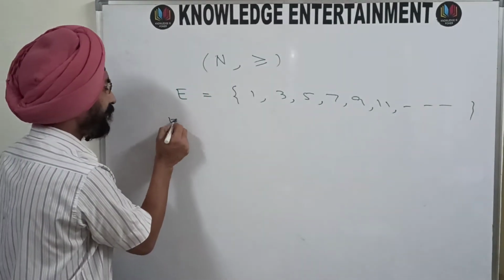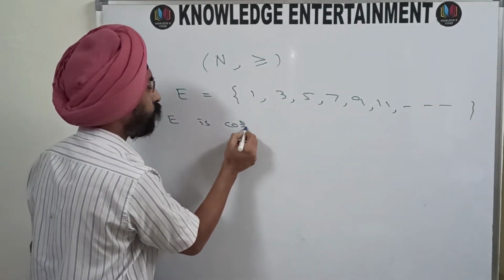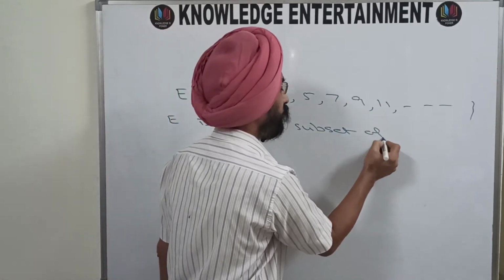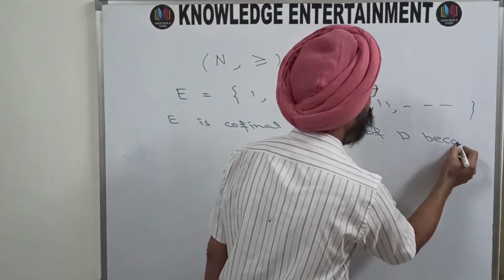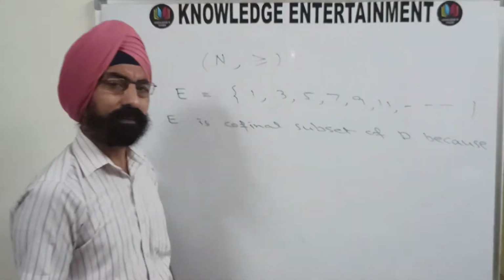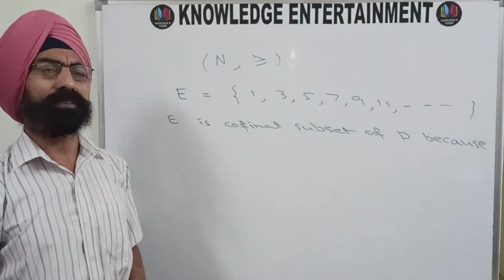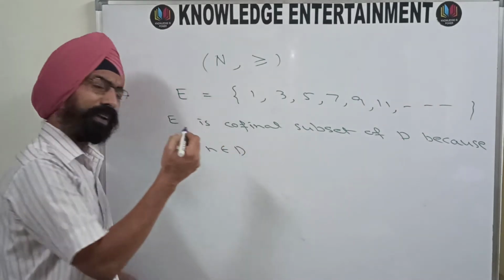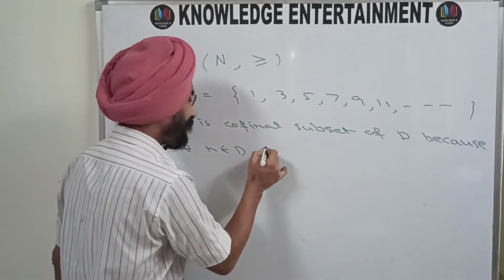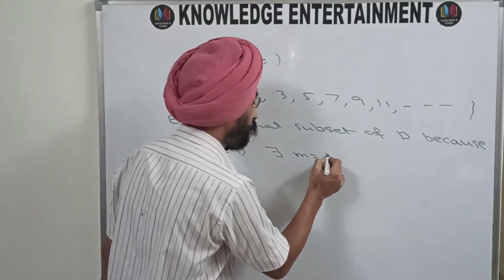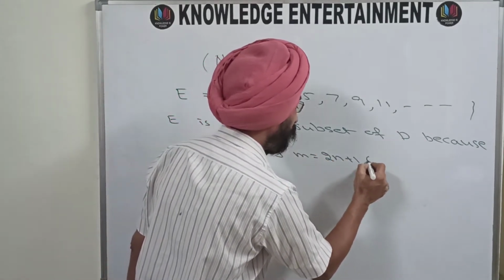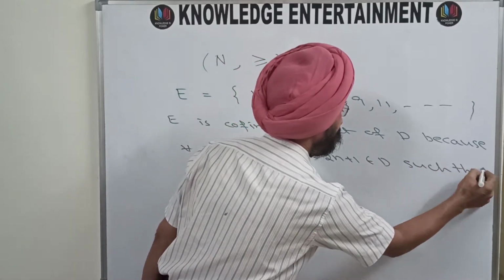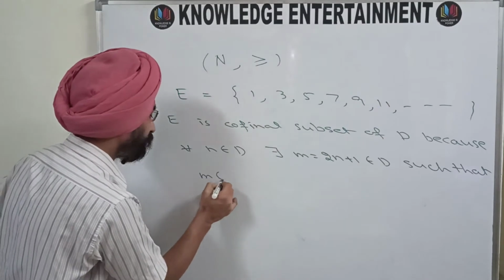This E is a cofinal subset of D because for every n belonging to D, there exists m equal to 2n plus 1 belonging to D such that this m belongs to E.